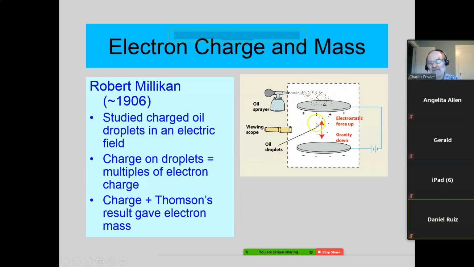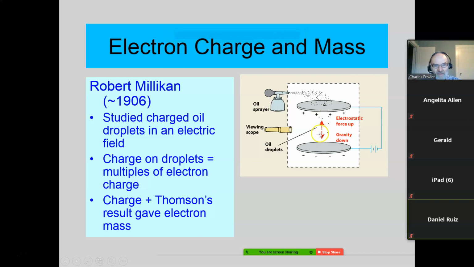Now this plate here is charged positively. Most of those droplets landed on top of the plate. Only a few of them happened to land smack dab over the hole in the plate, and they fell through. This was held at a very large positive potential.